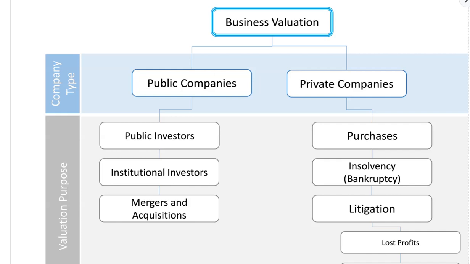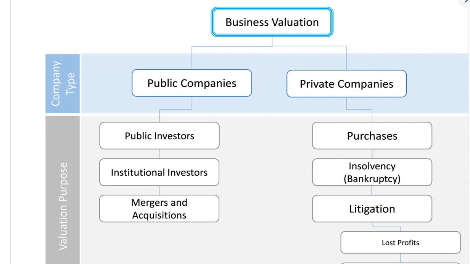And then there's a valuation for mergers and acquisitions. So mergers and acquisitions, M&A, that would be valuing a company, a public company, for taking over or merging with or acquiring a subsidiary.